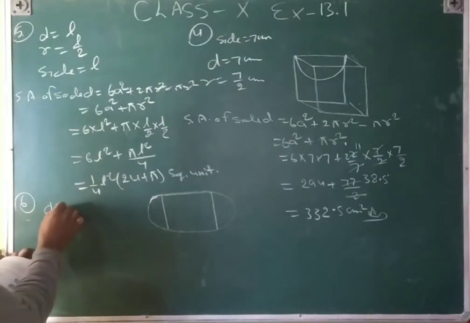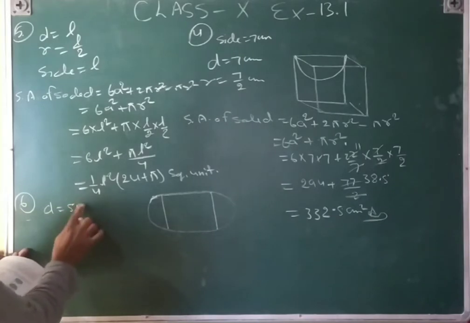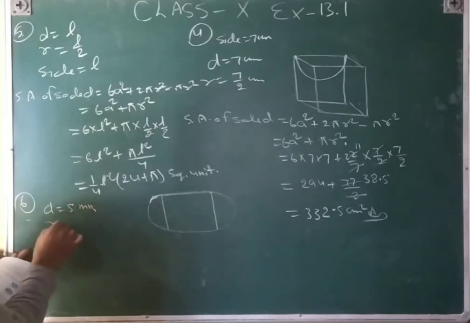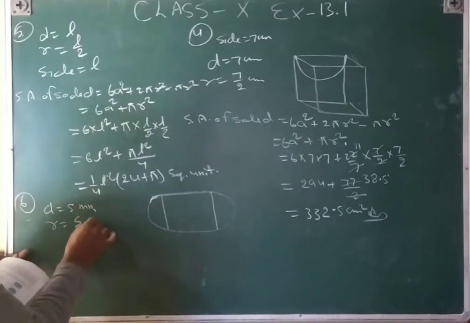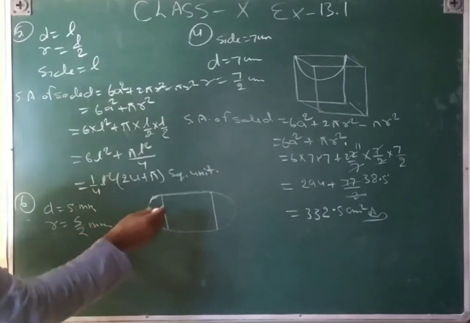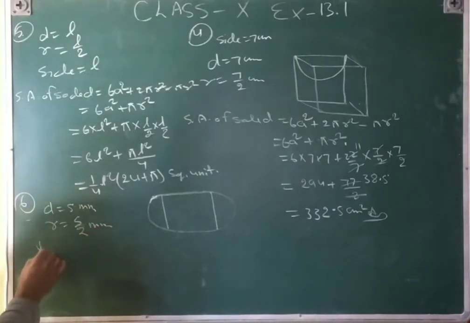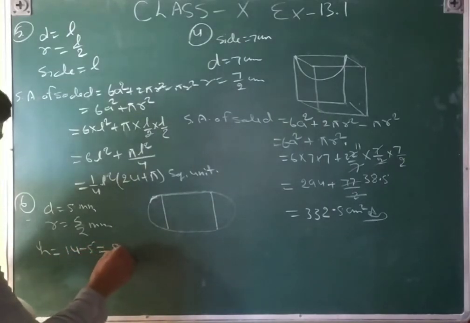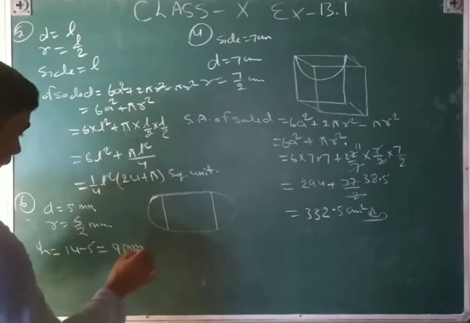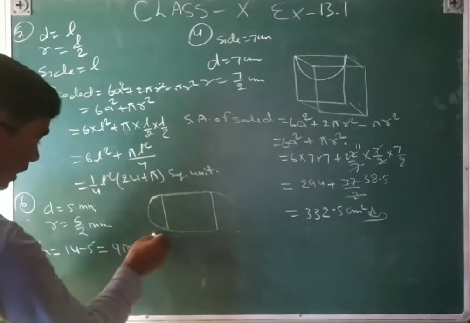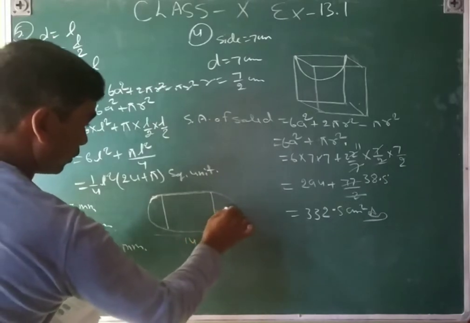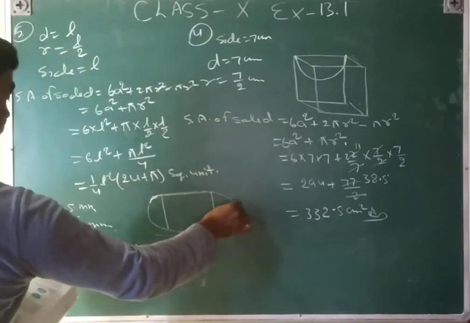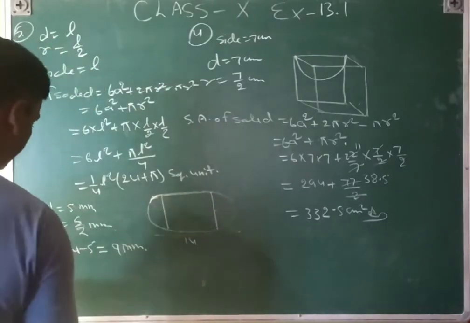D is equal to 5 mm, so R is equal to 5 upon 2 mm, and the height of the cylinder will be 14 minus 5, that is 9 mm, because the total is given as 14. So we leave 2.5 and 2.5 at each end.